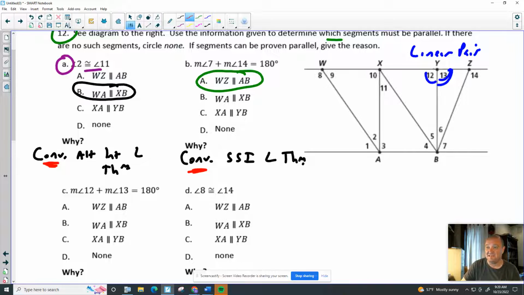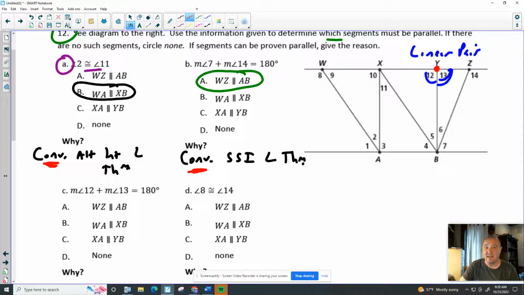If I look through these, anything that was proving something parallel had a relationship where one angle had a vertex here and the other angle had a vertex somewhere else, like down here or over here. We never had a situation where both angles had the same vertex and that made two lines parallel. That's just not anything we've studied. It's not something that's true in geometry.